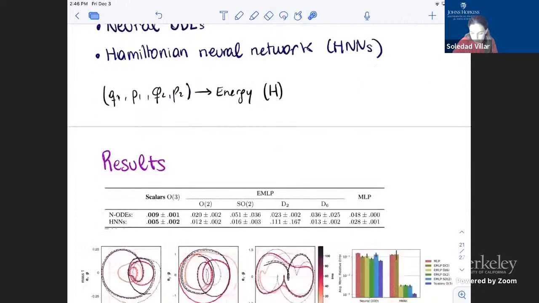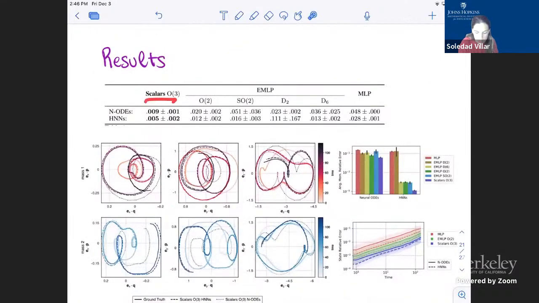So we show that when you implement this equivariance, we obtain smaller errors than EMLP in the predictions for the groups that they consider, not all three equivariants. They consider O2, SO2, D2, and D6. And also they consider this MLP, which is not equivariant at all.